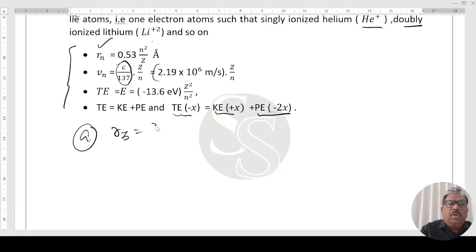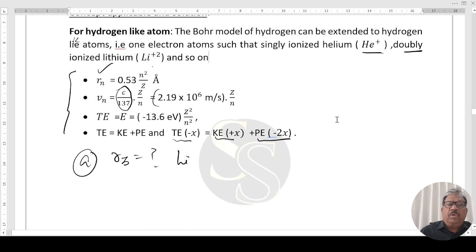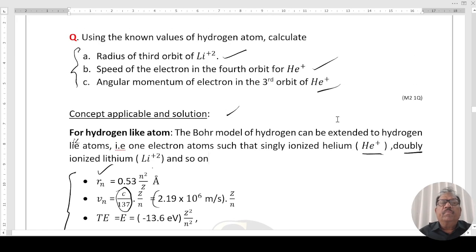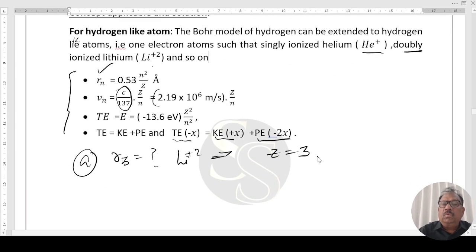R3 find out करनी है of lithium doubly ionized. Lithium का atomic number Z equal to 3. कौन से ऑर्बिट में चाहिए? थर्ड ऑर्बिट, n equal to 3.